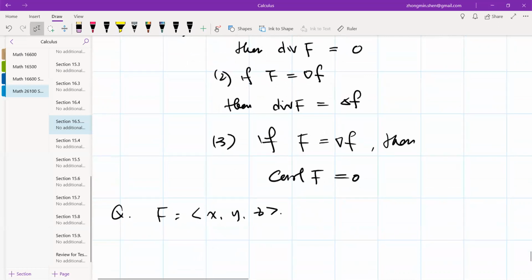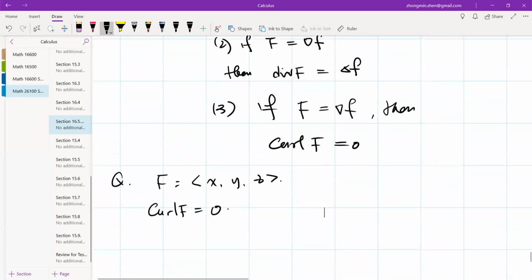We see that the curl of f is going to be 0. And in fact, f is the gradient of a little f, so f is conservative.